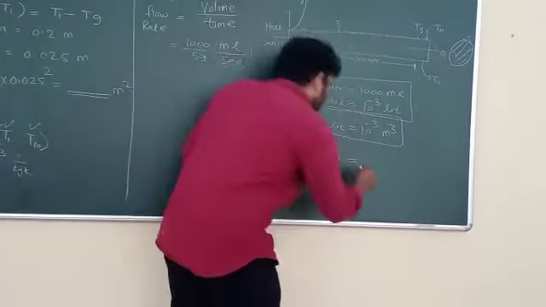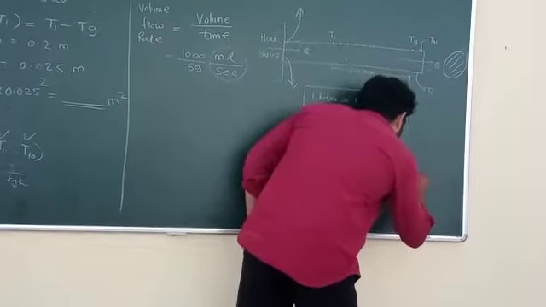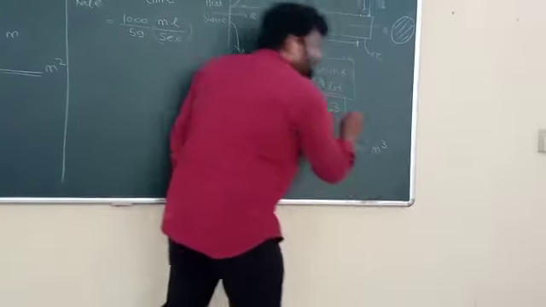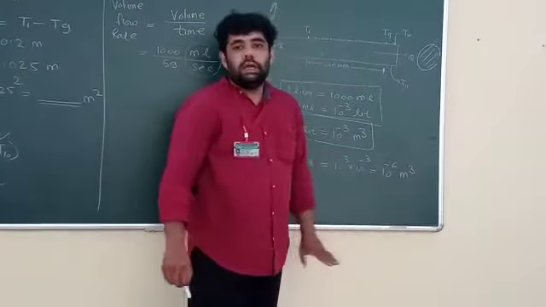So it will be 10 raised to minus 3 into 10 raised to minus 3, which is 10 raised to minus 6 meter cube. So 1 ml of water is equal to 10 raised to minus 6 meter cube.